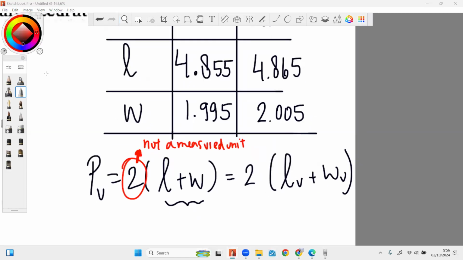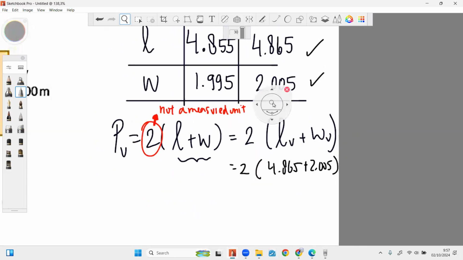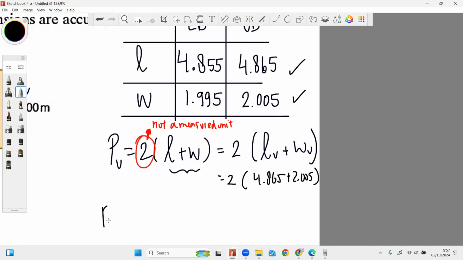So the upper bound for the perimeter is 2 stays here, times 4.865 plus 2.005. And for the lower bound, you just change the length and width to the lower bounds: 4.855 plus 1.995.